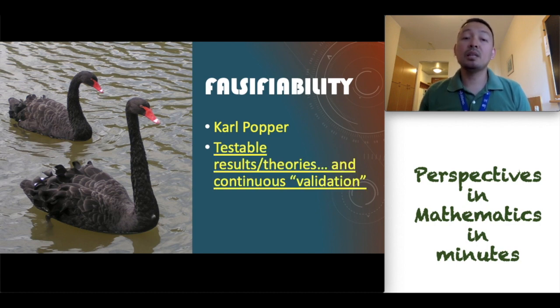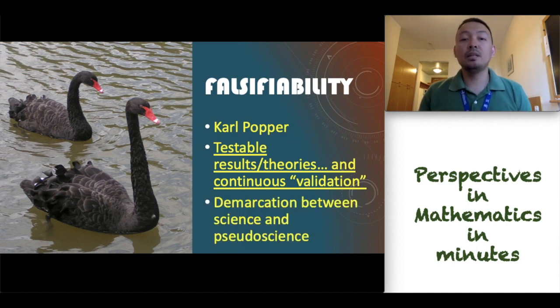Simply, this means that our results and theories should be testable. Those theories that are not testable can be seen as pseudoscience. And our results and theories should undergo continuous validation. A theory surviving many tests is considered stronger and stronger in terms of explanatory power. This falsifiability demarcates science and pseudoscience.